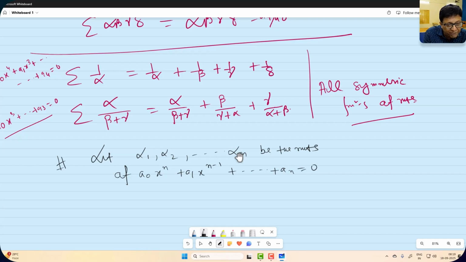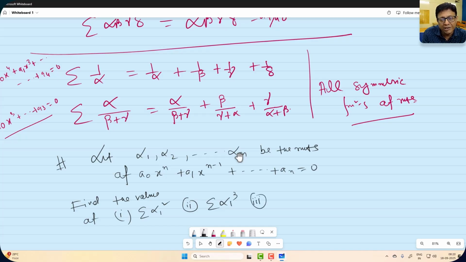You find the value of number 1, sigma alpha 1 square or sigma alpha square. Number 2, say sigma alpha 1 cube.